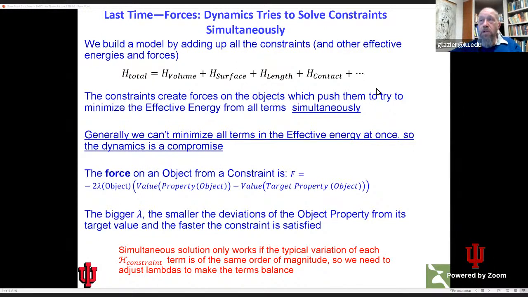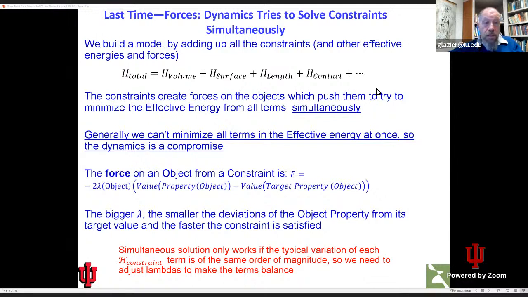Good point. So if we have a bunch of energy functionals or effective energies for volume, surface area, length, contact energy, and so on, each one of these independently creates a force on our cells. And the system will try to minimize the energy, which is equivalent to saying it will try to satisfy all of the constraints. But it can't actually typically satisfy all of the constraints simultaneously.